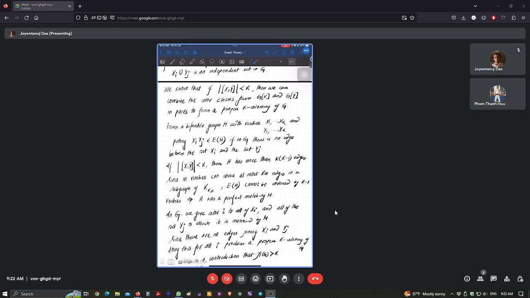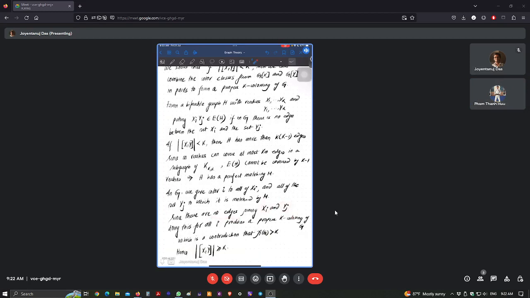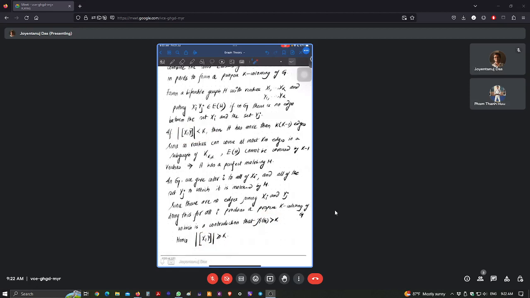Since there are no edges between Xi and Yj, and we do this for all i, this produces a proper k coloring of G. This is a contradiction because the chromatic number is strictly greater than k. Hence this assumption is false, so the size of the edge cut has to be greater than or equal to k.